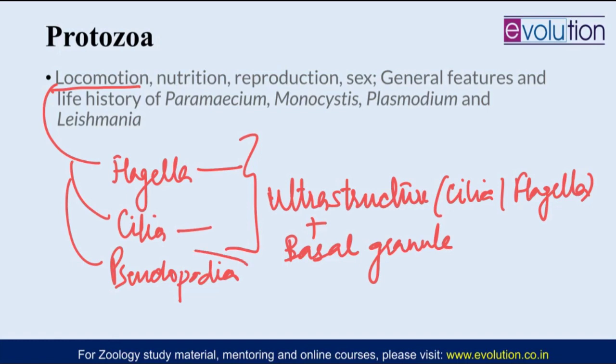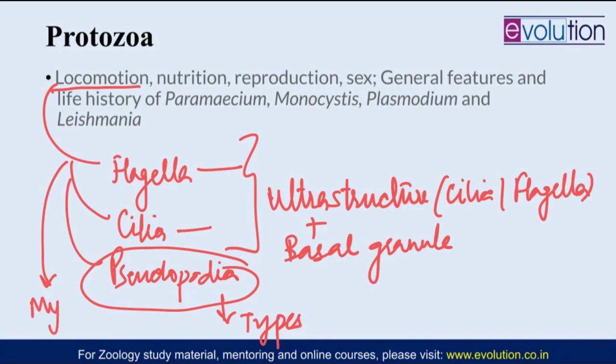Then under pseudopodia there are filopodia, lobopodia, and different kinds of pseudopodia. With examples you have to study that also. Locomotion can also be through general contraction and relaxation of the body, and thus myonemes is something you also have to study under locomotion. So these are all the topics you have to deal with in detail.